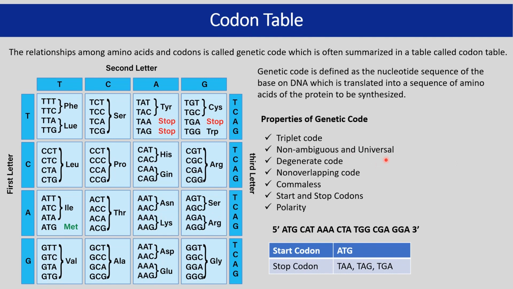It is also universal, that means the genetic code applies across all species. Third is the degenerate code. Every amino acid except for tryptophan and methionine is coded by various codons. This is called the degeneracy of the codon.